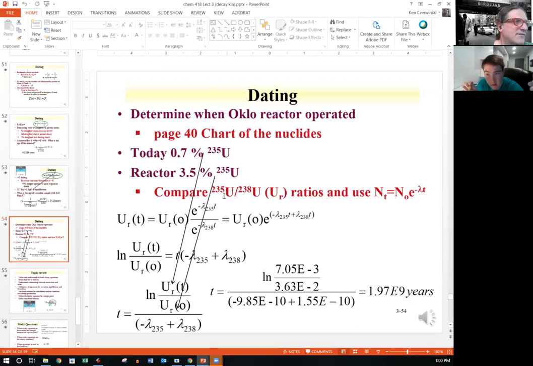So it's 0.7 divided by 99.3, right? Okay. Very good. And it's the same thing here: 0.35 divided by 96.5. Okay. Just want to make sure.